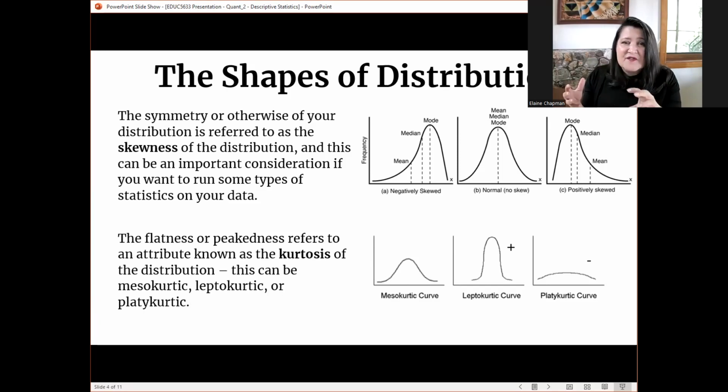The negative skew indicates that the lower frequencies are attached to the lower end of the score value range. And this is the situation that we had when we talked about people loving or hating my statistics classes. Most of the scores in that situation were bunched up on the right-hand side, which is loving the classes.